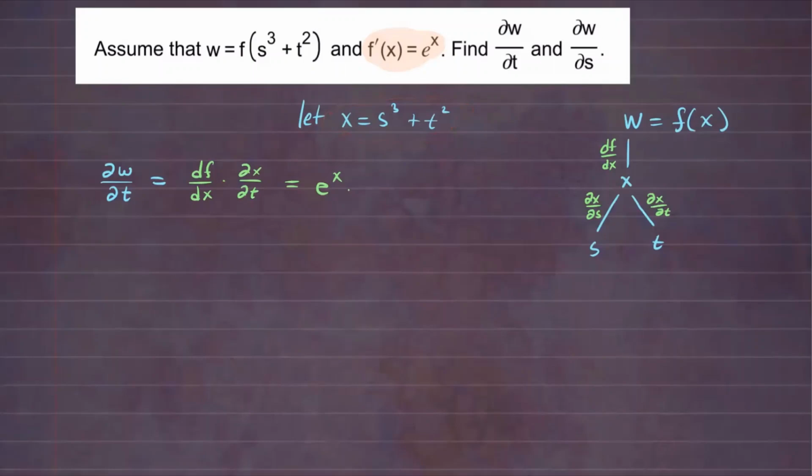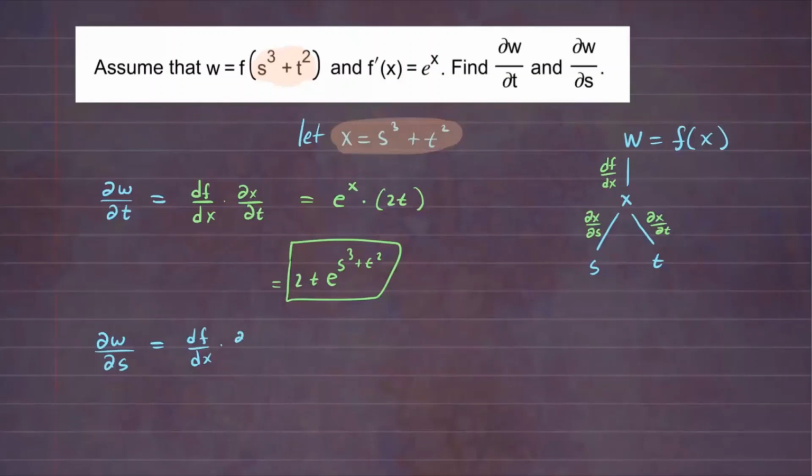So s is a constant, that'll be 2t. Now feel free to plug in your x value into this x. So your final answer, you can also write this as 2t times e to the power of s cubed plus t squared. So that will be our partial derivative of w with respect to t.